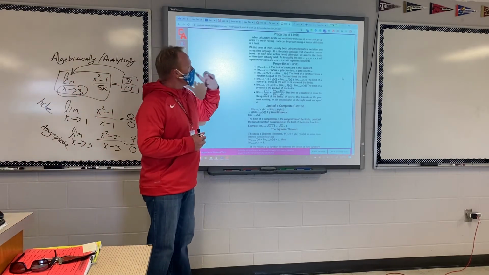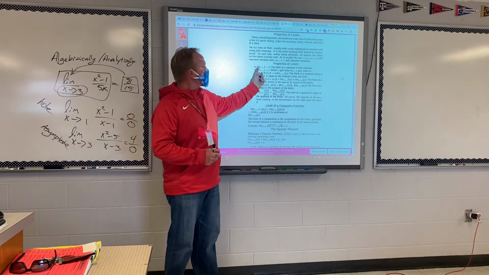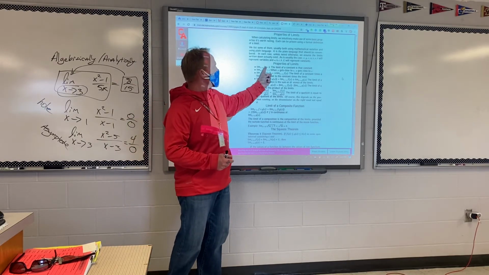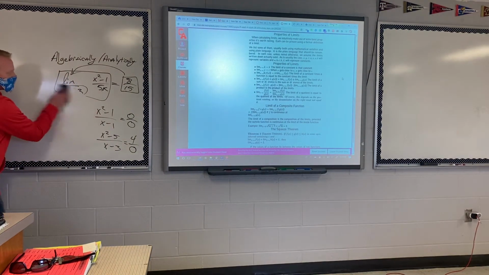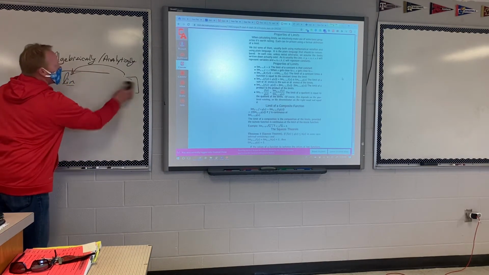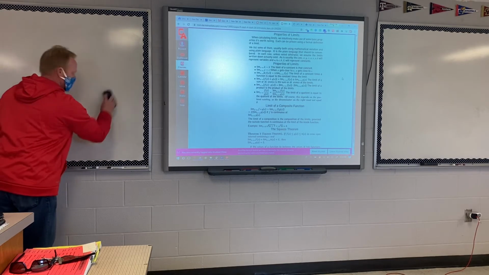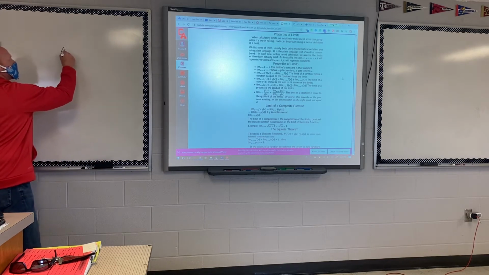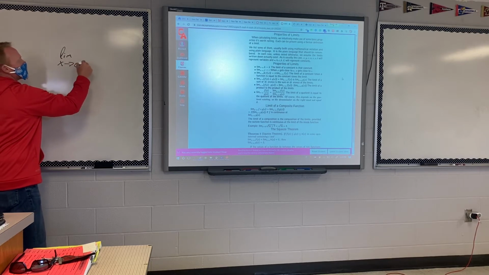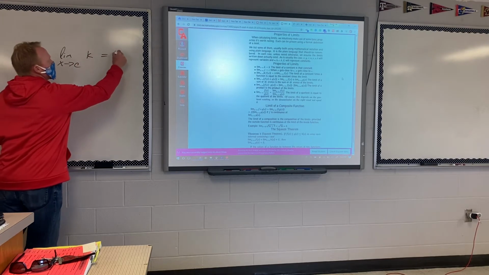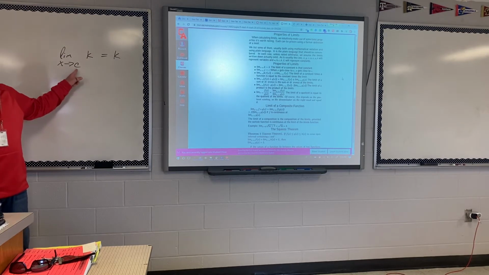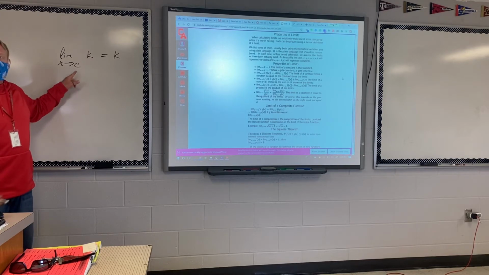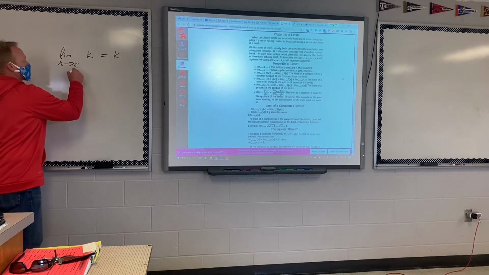All right. So, first one. I have the limit as x approaches c of k equals k. Let me write it up here so it's a little bit bigger. Limit as x approaches c of k equals k. Again, what does c represent? That c represents a number.